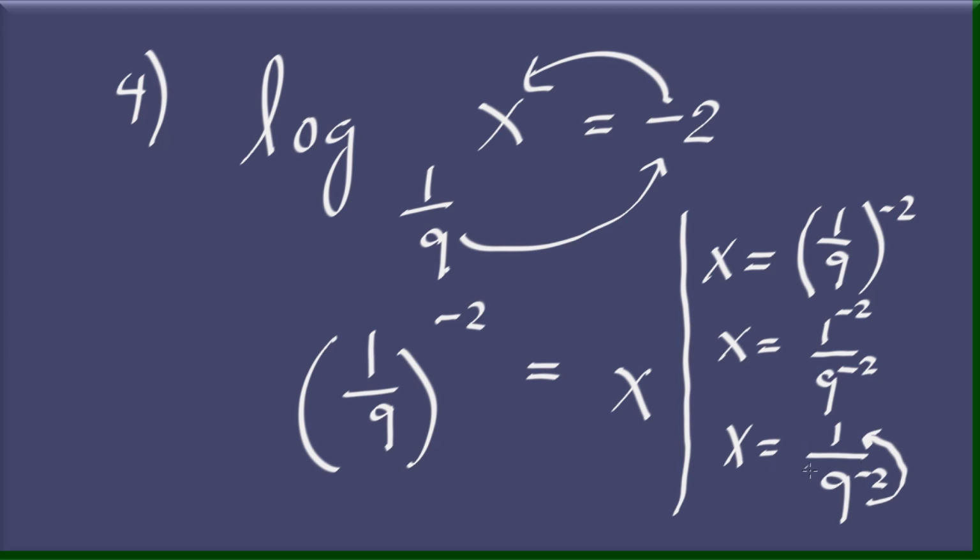The 9 to the negative 2 is now in the numerator, but make sure you switch the sign. Now down below is just going to be 1. So 9 squared, 81, is going to be our solution. Okay, and that's about it for this introduction of logarithm. And thanks so much for watching.